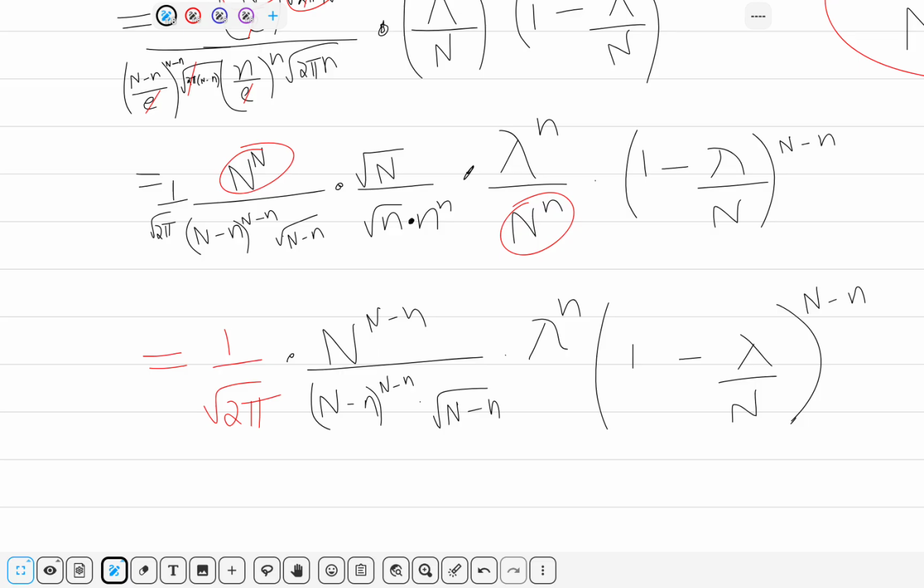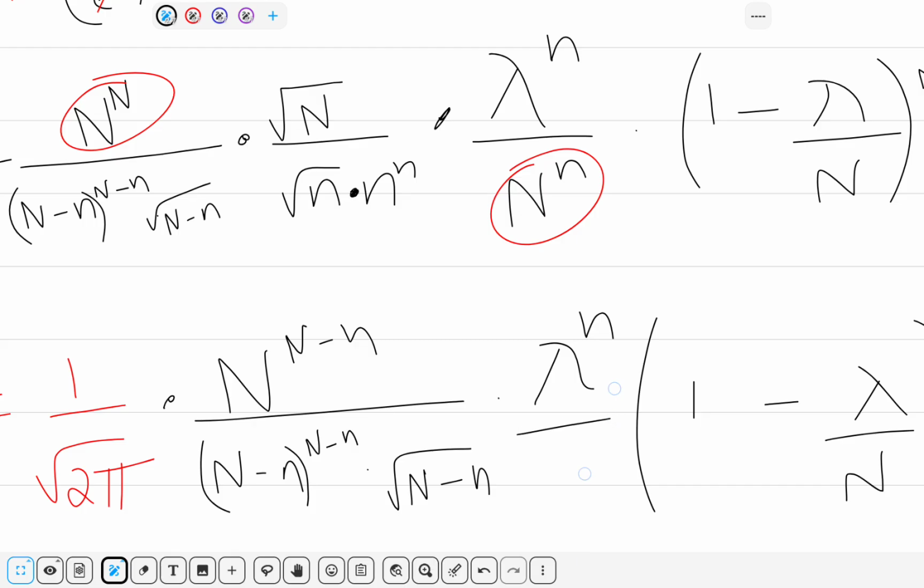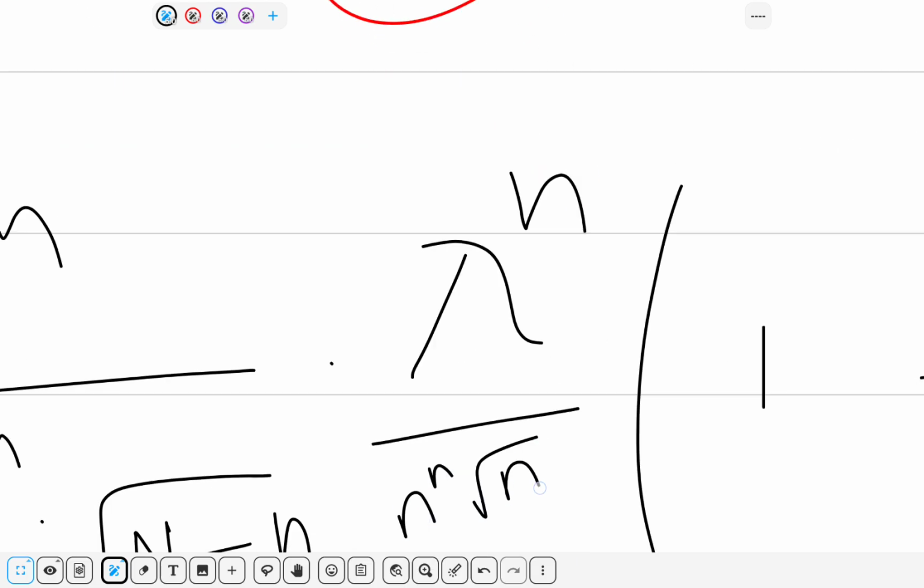Now I can, what more can be done? I think I missed some terms as well. Let me write them down: n power n square root of n.